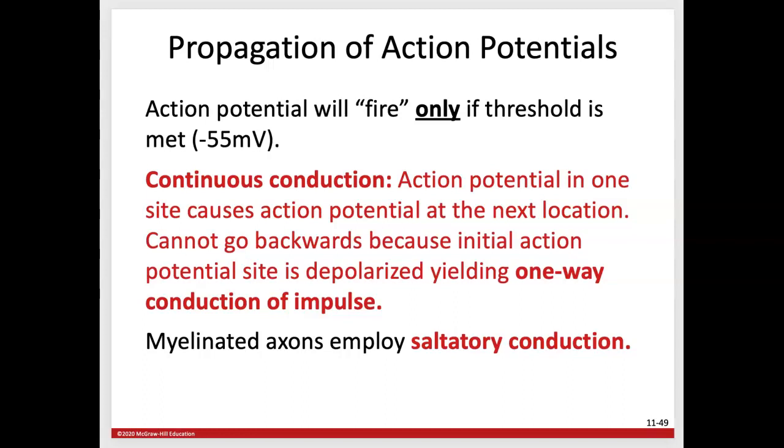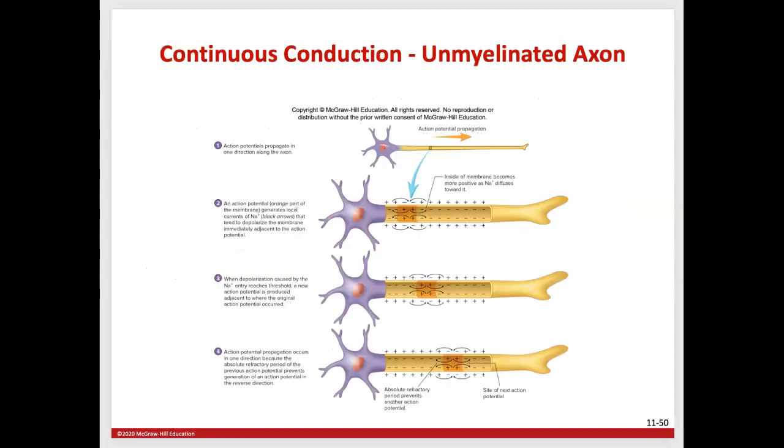So if it's myelinated, which is white matter, it's going to be saltatory conduction, which is slightly different than continuous conduction. Continuous conduction is in non-myelinated or unmyelinated neurons.